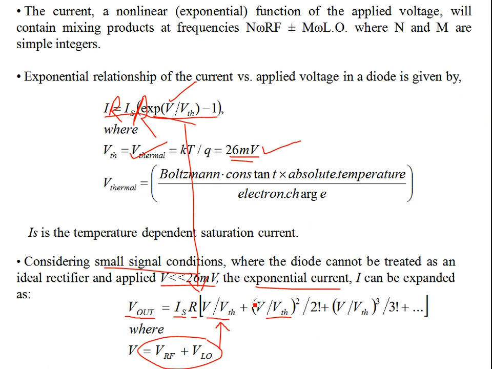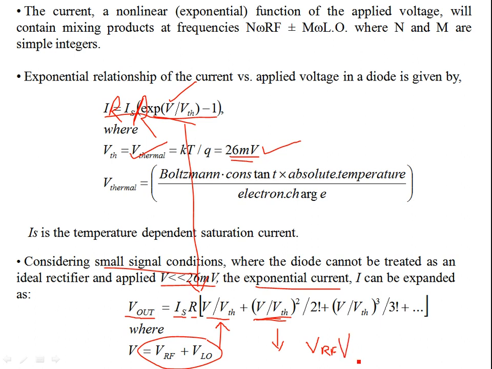Then the second term is the square of V over V thermal squared, and this term shall produce cross product terms like VRF into VLO.